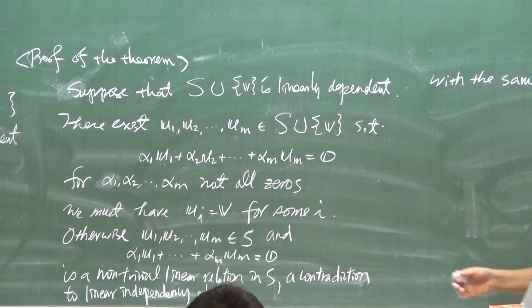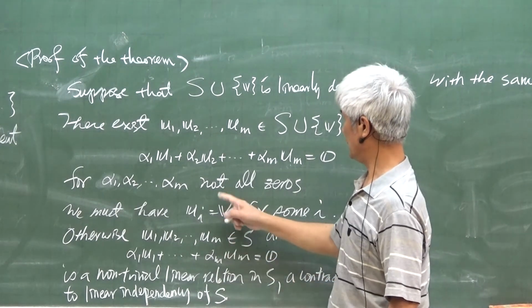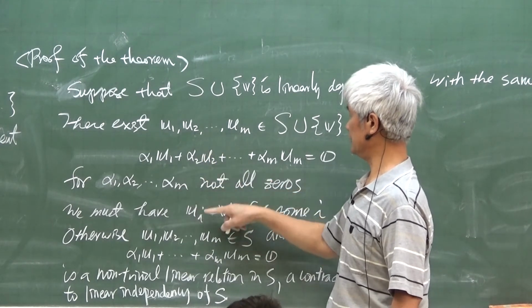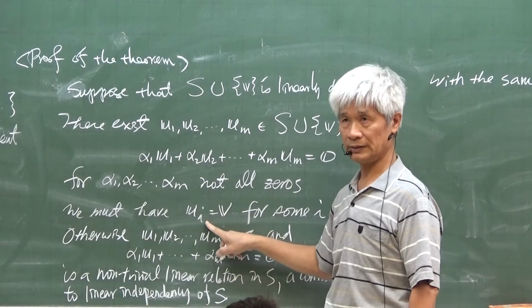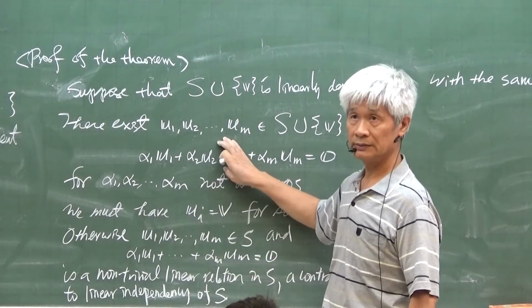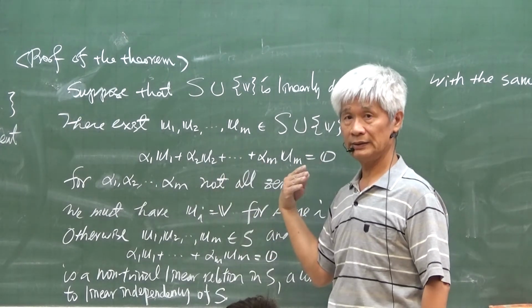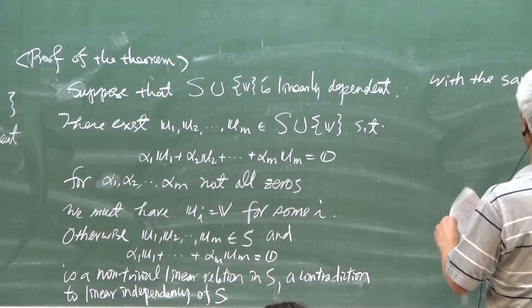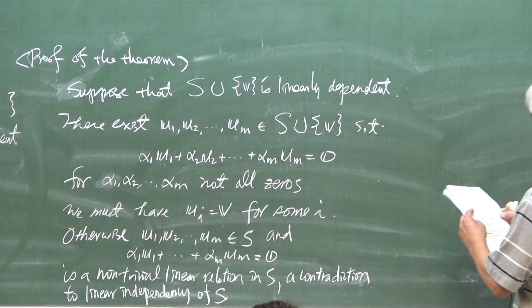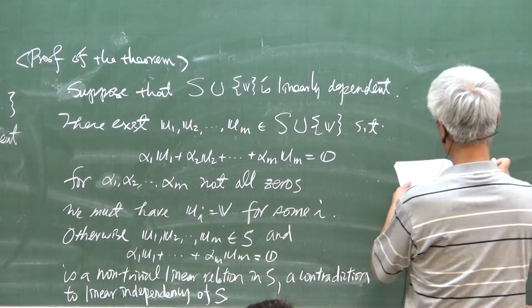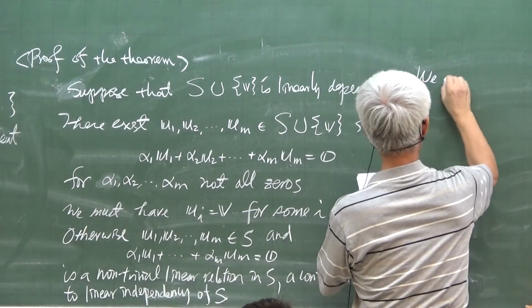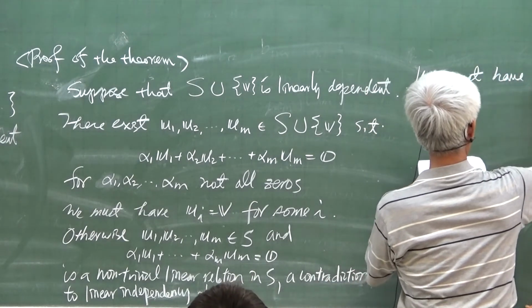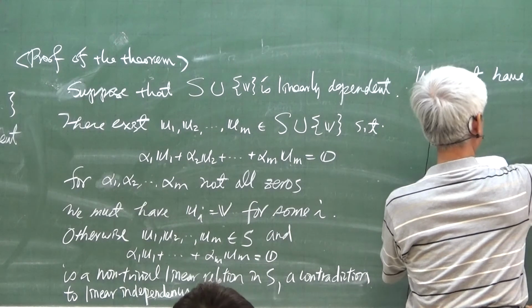Even though ui is equal to V, the coefficient alpha i of ui should be non-zero, because if it's 0, then you can remove the term. Let me write it more explicitly. We must have alpha i not equal to 0.